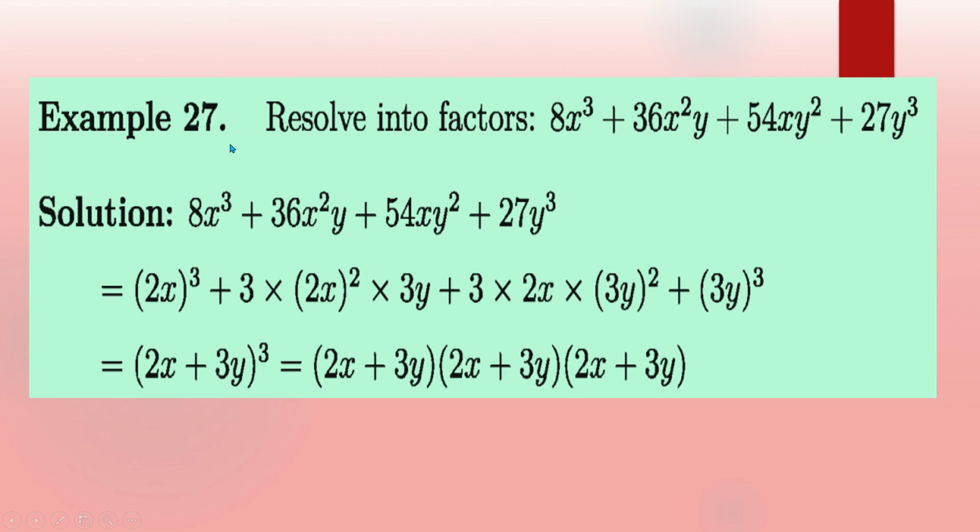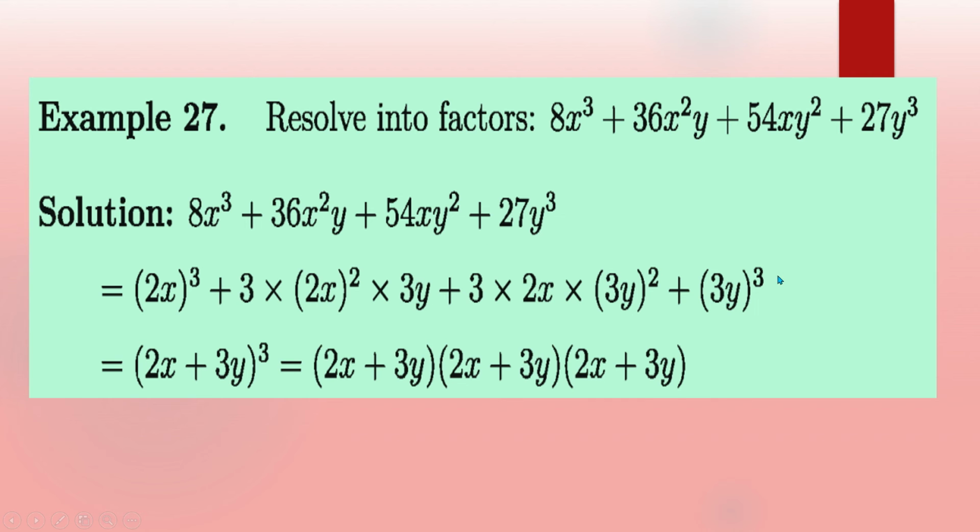Now example 27. Resolve into factors: 8x cube plus 36x square y plus 54xy square plus 27y cube. Solution: this is the given condition. Now this equals 2x whole cube, which means 8x cube, plus 3 into a square, a square means 2x whole square, plus b, which means 3y here, because 27y cube means 3y whole cube.